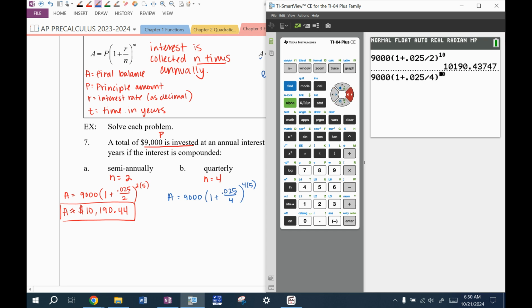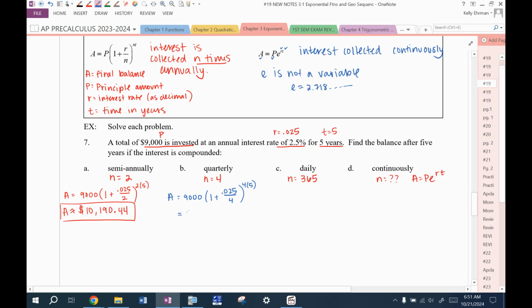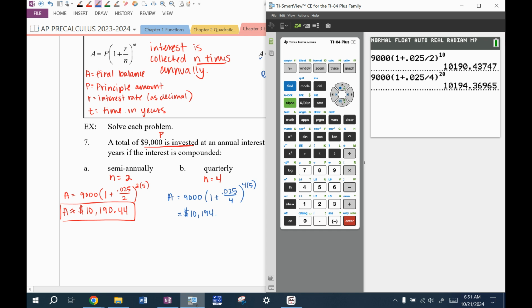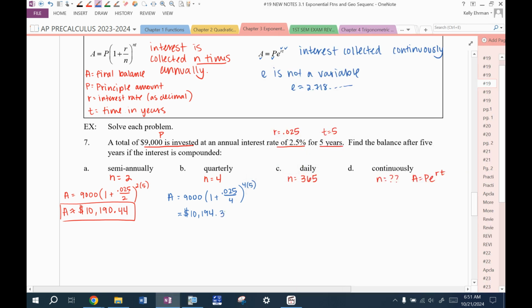And instead of having an exponent to the 10th, 4 times 5 is now 20th. It makes sense that I have a slightly higher amount because I collect interest 4 times a year instead of twice. So if you're getting 2.5% on top of what you already have 4 times throughout the year instead of just twice. So that's 10,194.37.